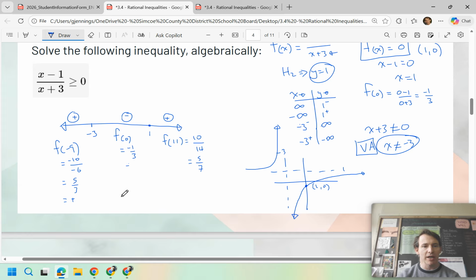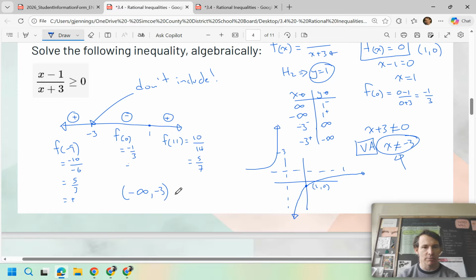And then I might write it using interval notation as negative infinity to -3, not inclusive. We definitely don't want to include this. We're non-inclusive because x cannot equal -3. That's an asymptote. We know that from our sketch. We know that from our understanding.